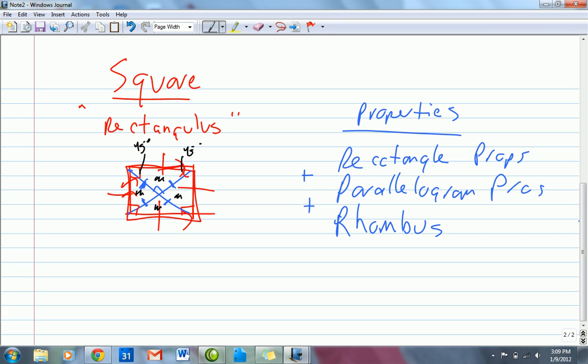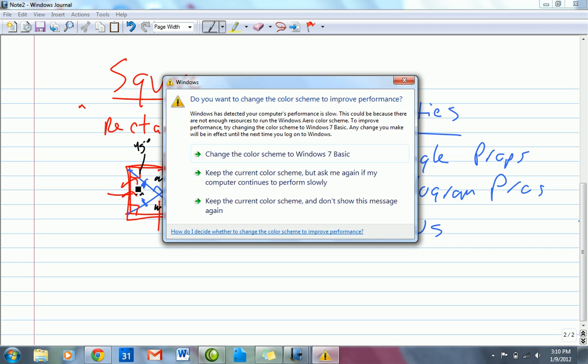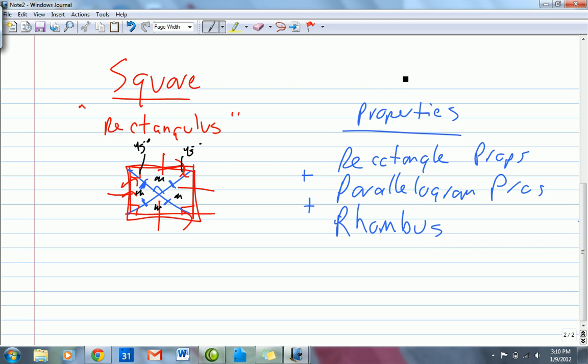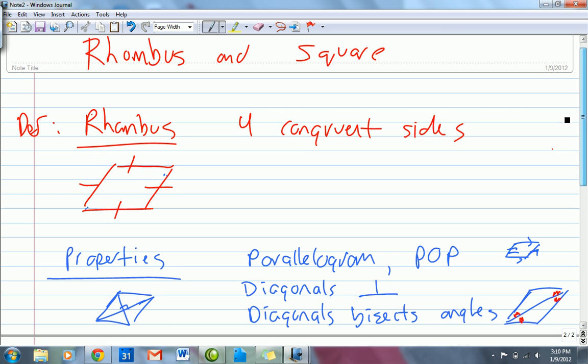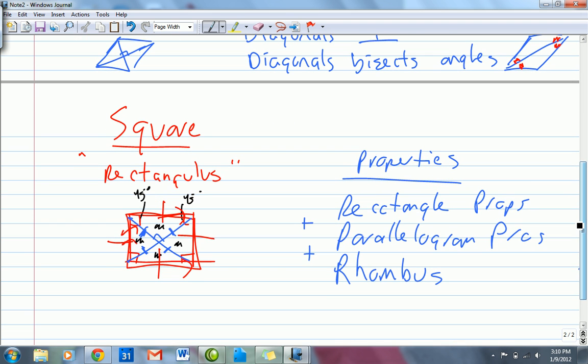Everything gets bisected nicely by the diagonals, those being the original 90-degree angles to give us 45s. The diagonals bisect each other, they're congruent, they're also perpendicular to each other, et cetera. So that said, those are rhombus, four congruent sides, definition, and square, a rectangular rhombus.